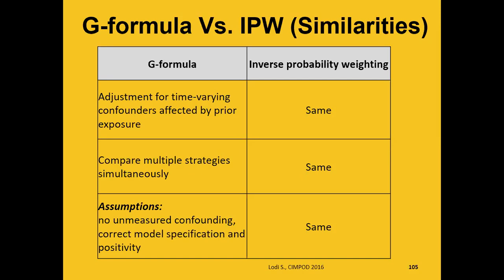And also the assumptions. I did not go through the assumptions today, but these are very important assumptions. By making the emulation process explicit, we can make the assumptions that we use in the study explicit.